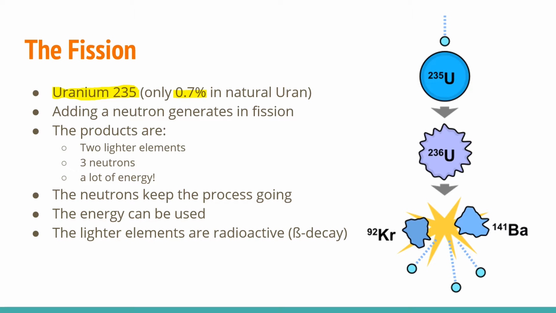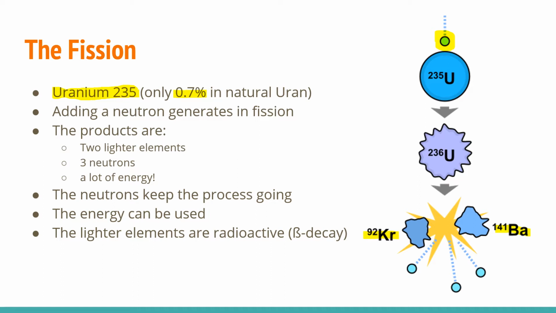Now a neutron is coming from some neutron source and is going into this core. This nuclear core is excited, and after some billionths of a second, really fast, this core is split into two different elements.